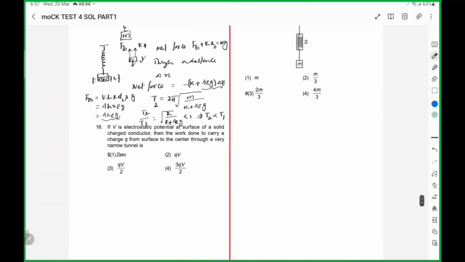In electrostatic potential at the surface of a solid charged conductor, electric field inside a charged conductor is zero. So dV is zero, potential is constant inside the solid charged conductor.